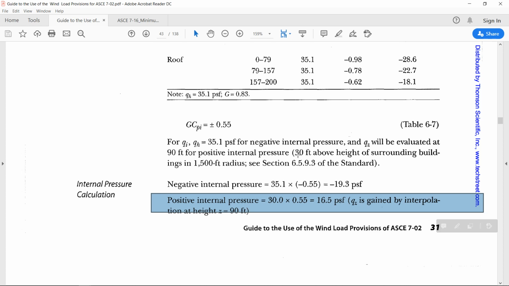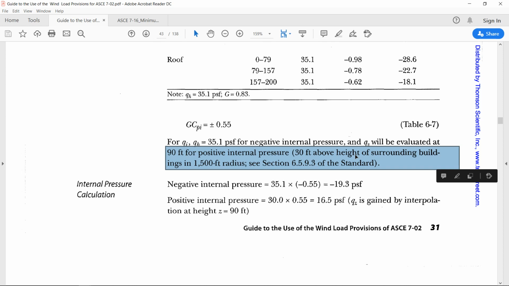And that's why it is said over here that 30 feet above height of surrounding buildings in 1500 feet radius. So it is clear that in the surrounding there are buildings which are 60 feet high. So we have added 30 plus 60, which is 90. So we are taking the qz value at 90 feet to calculate the positive internal pressure.